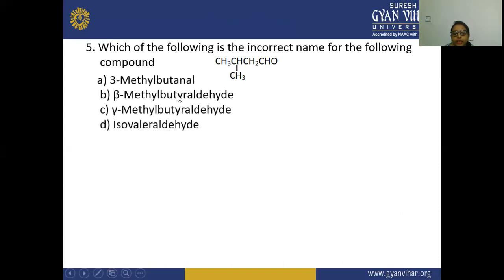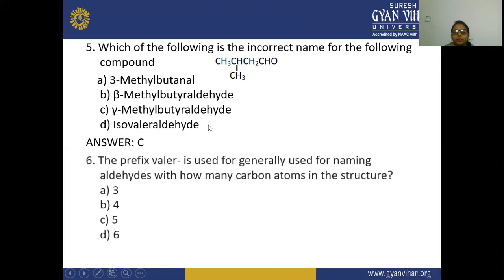The incorrect name of this compound is gamma methyl butyraldehyde, because it can be named as beta methyl butyraldehyde, or you can say 3-methylbutanal.